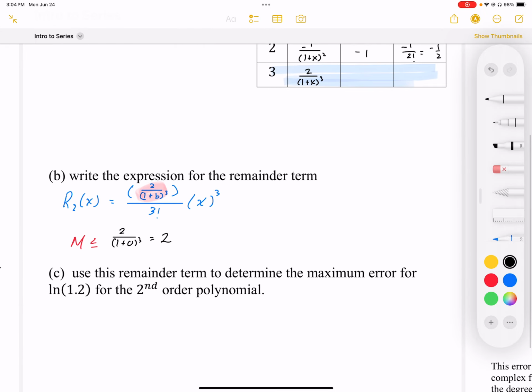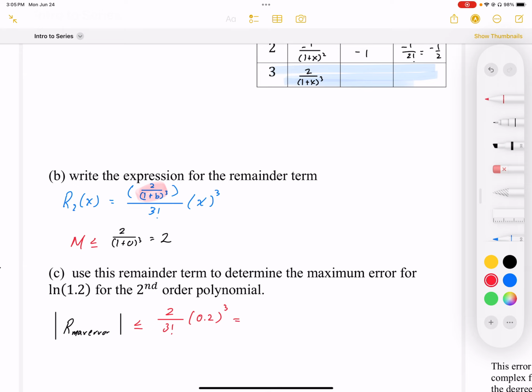Okay, so that M value of 2 is going to give us the maximum error. So when we want to find the maximum error, our max error is going to be based on that M value of 2. It's going to be less than or equal to 2 over 3 factorial times 0.2 to the power of 3.